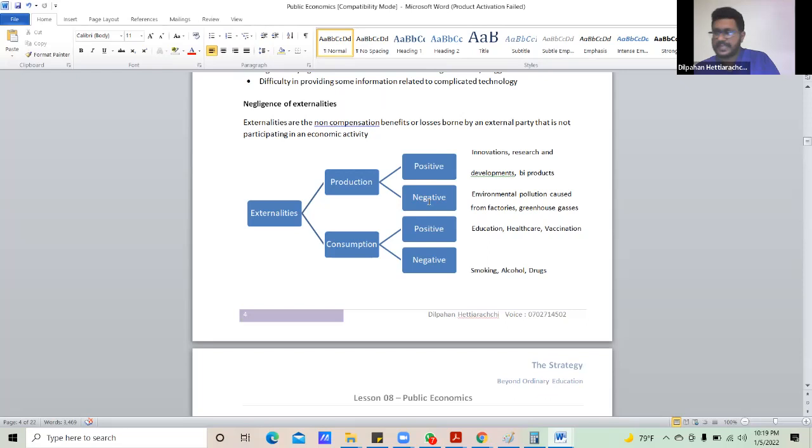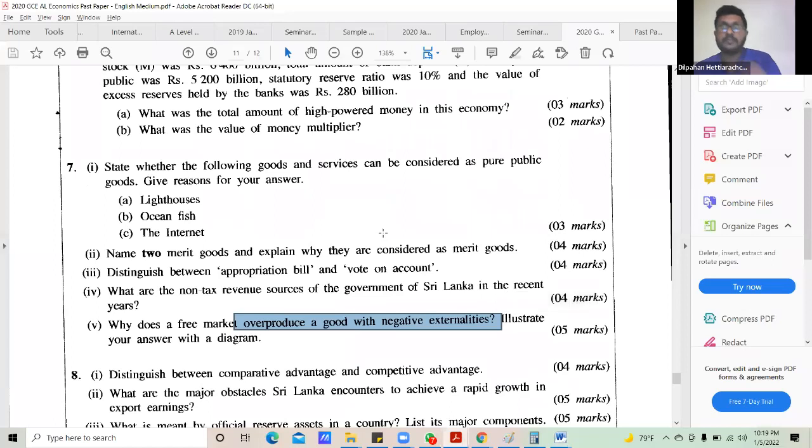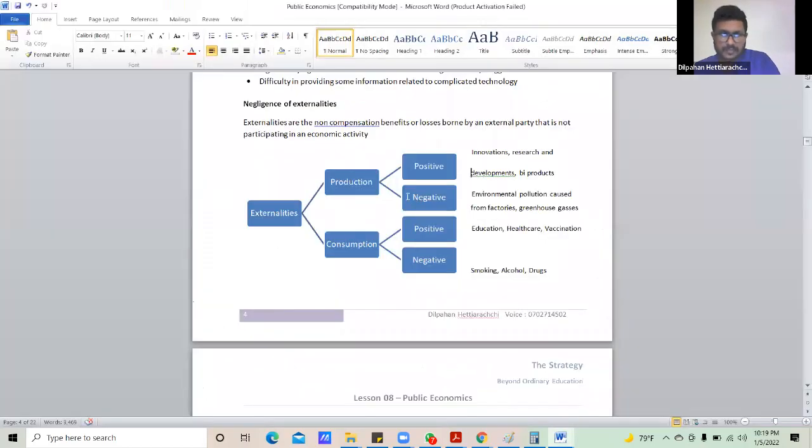Is it positive or negative? Negative. Is it production or consumption? Look at the question. Overproduce. It talks about production, right? So this question is asking about production negative externality.